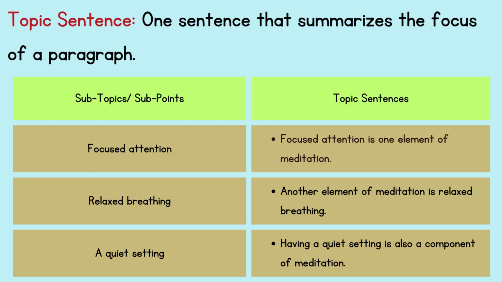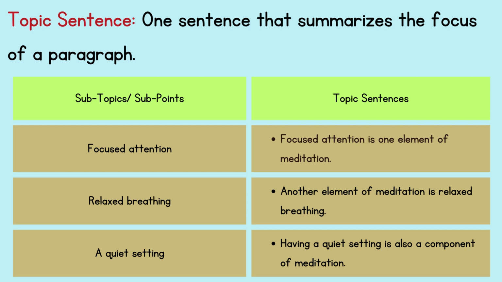I have the subpoint in each one of them. You're able to see the subpoint, whether it's focused attention, whether it's relaxed breathing, or a quiet setting, you can see those clearly stated in the topic sentences.